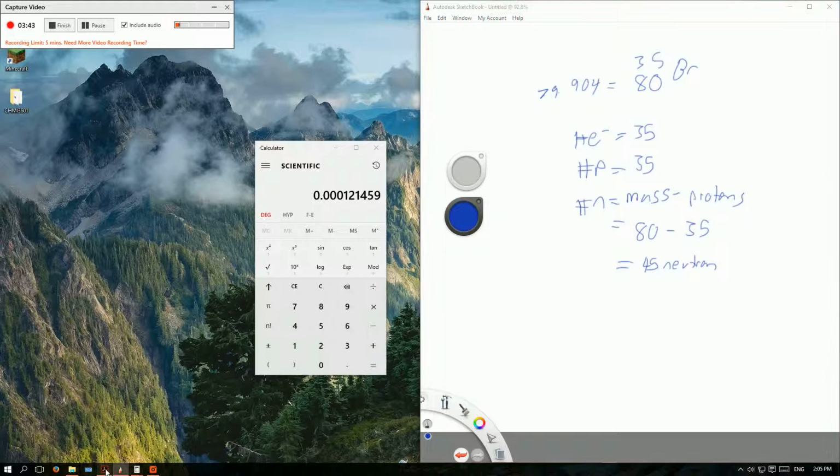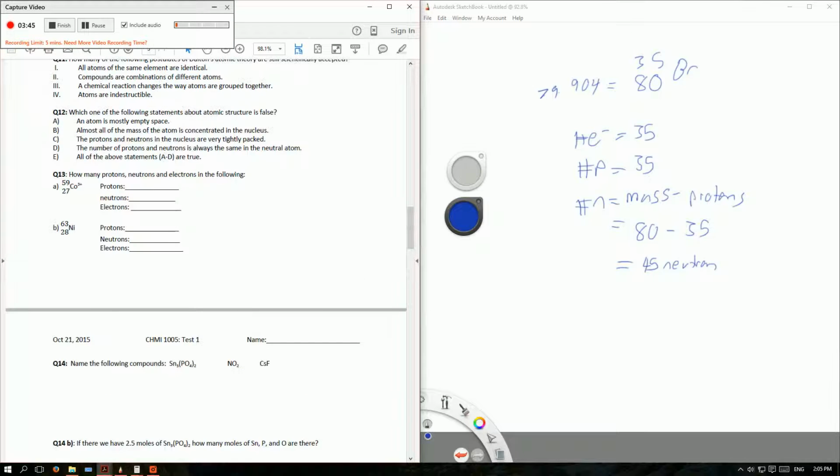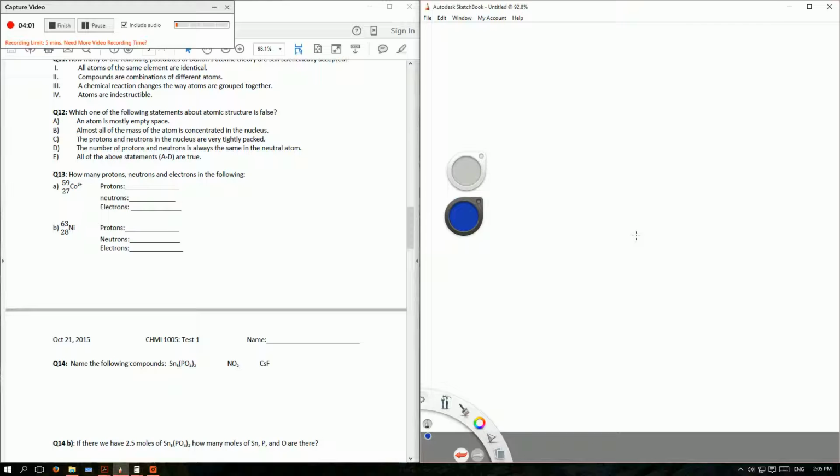So where's this question again? Number of protons and neutrons is always the same in the neutral atom. So here we're showing you that that is false. Protons and neutrons, there's 45 and 35 over here. And that would be the answer, the one that's false.